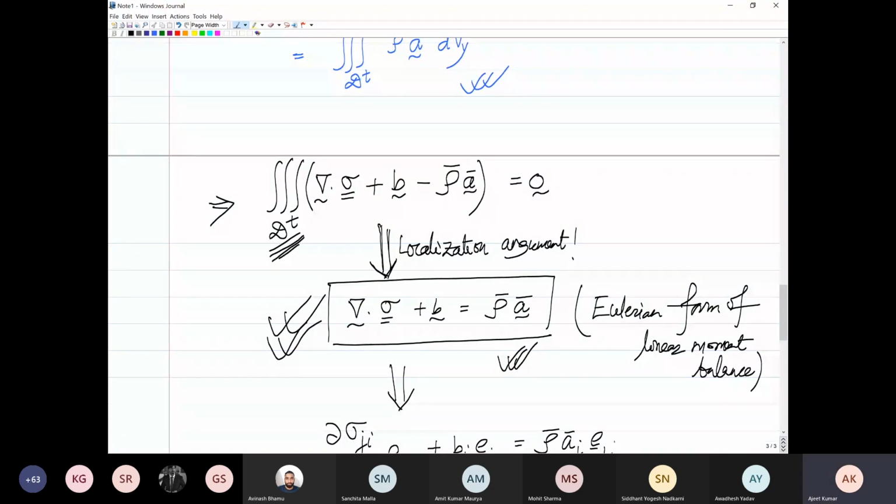And by doing that, you are going from what is called the global form of the equation to the local form of the equation. So this is the local form because it holds for every y, for every point in the body, whereas the global form is for the entire body, or an entire part of the body, together. Because you are able to derive a local form of the equation, we call it the localization argument.